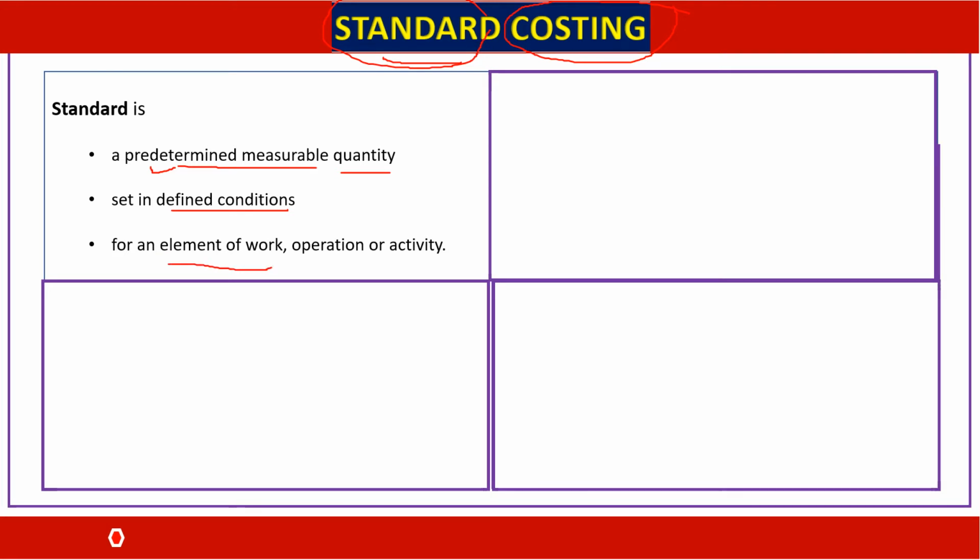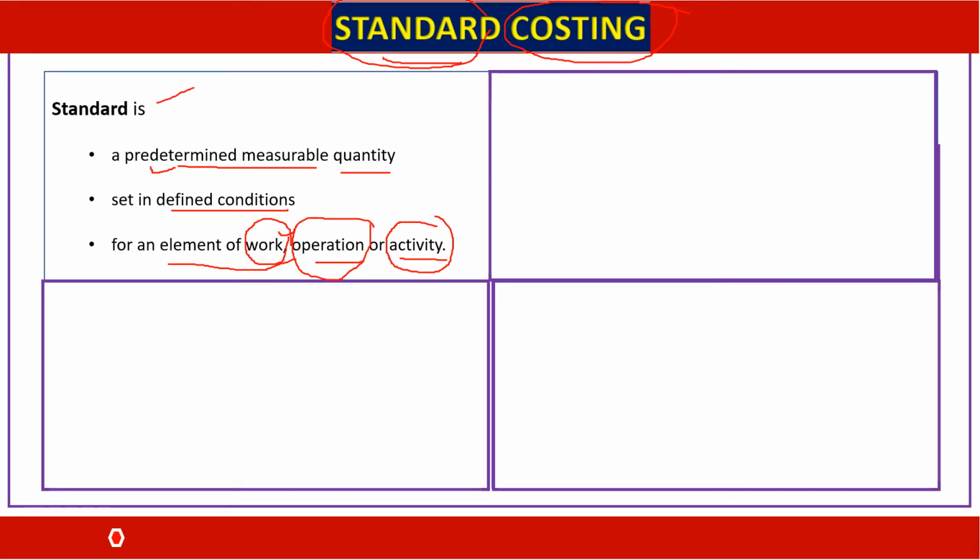It may be for an element of work or a list of operations or a set of activities. It covers a huge lot of activities. For each part of work, for each part of operation, for each part of activity, there can be a standard.